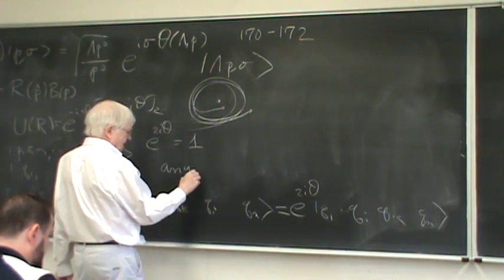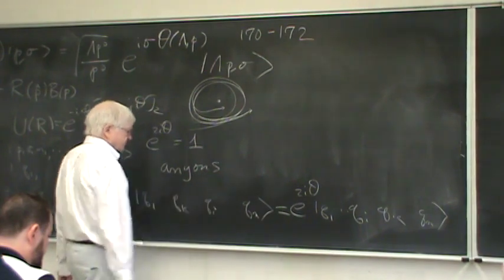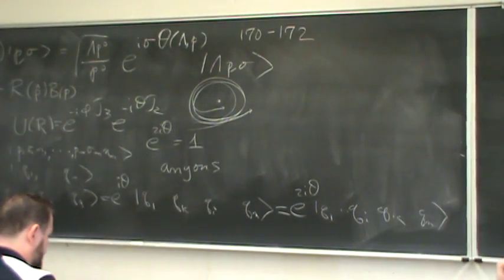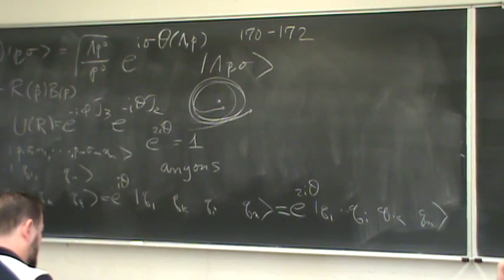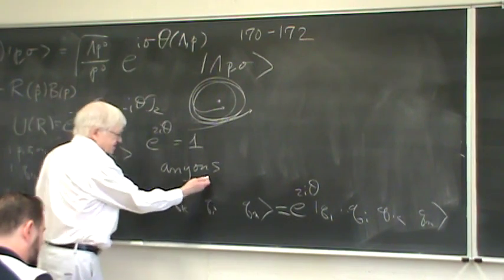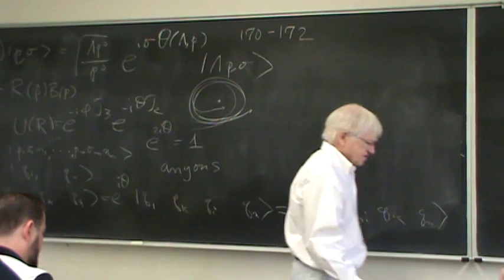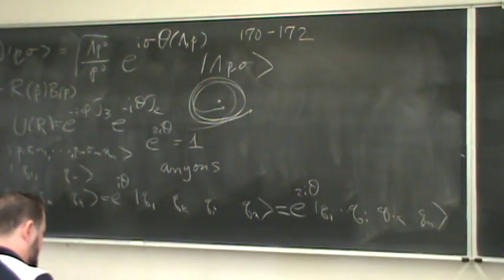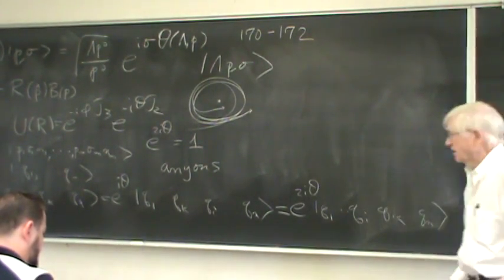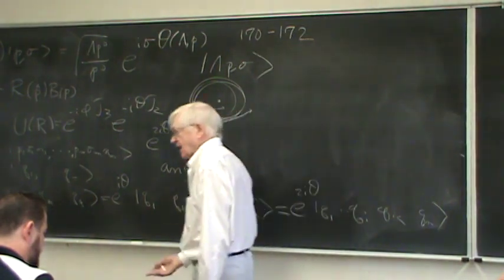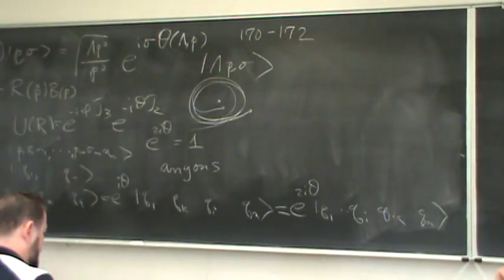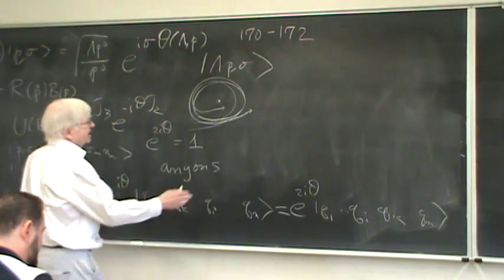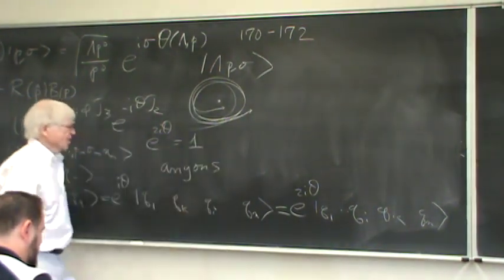And this is something that Wilczek ran with, and he invented particles that do this, particles that have statistics that are not Fermi-Dirac, I'm sorry, that aren't bosons or fermions. He called them anyons, and they can occur in field theories of two space and one time dimension.